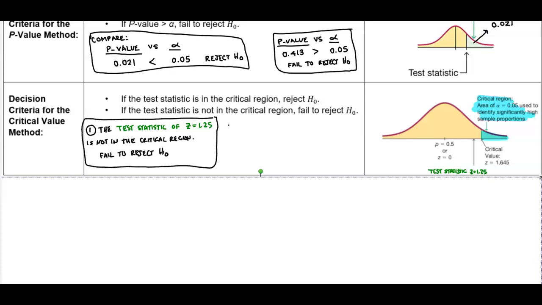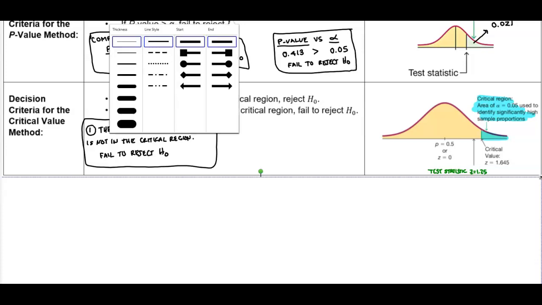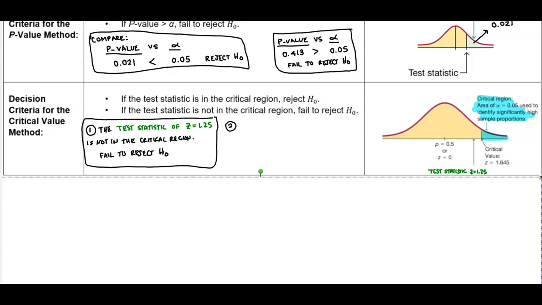Okay, so that would be one scenario. Okay, let's say that we had a different test statistic. Okay, let's say that we had a test statistic that was over here. And that test statistic was z, which is equal to 1.81.